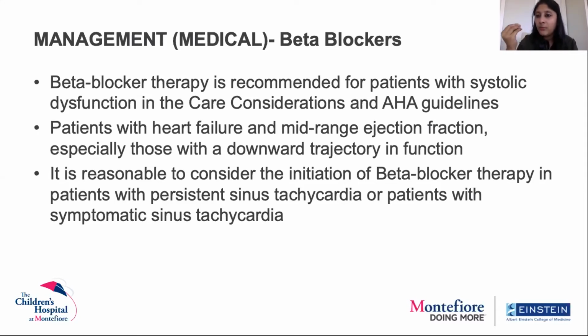We look at a number in our head, 55%, which is considered normal. 55% means that when your heart is squeezing, 55% of the blood inside the heart is going out to the body. And that is normal. Anything less means that it's abnormal. So when you have a lower EF, that just means that a lesser amount of blood is going to the body.